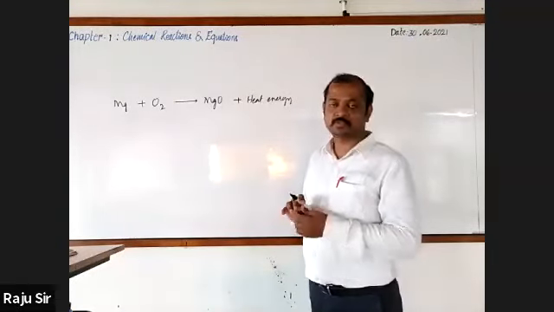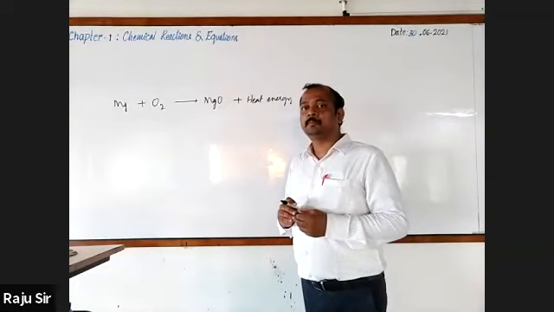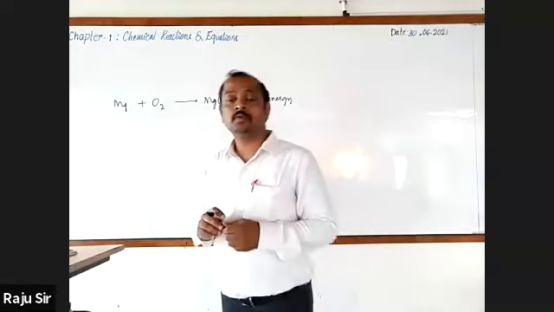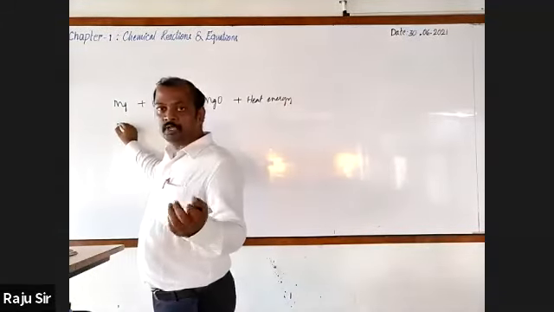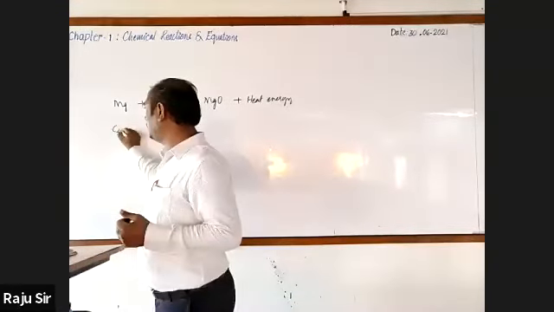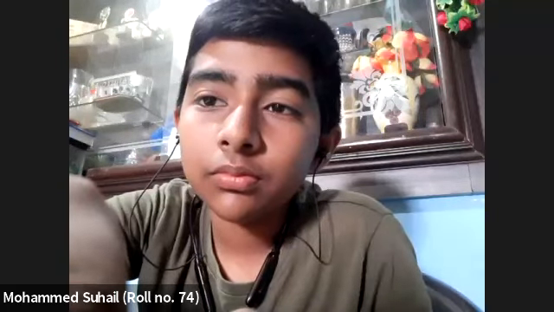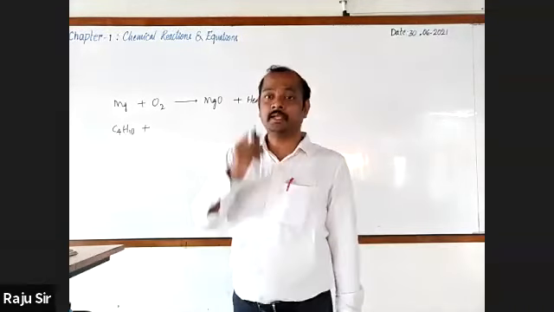Energy is also released. Similarly, we are also very familiar with burning of the cooking gas. It is butane, and its chemical formula is C4H10. It is the main component of LPG, liquefied petroleum gas.